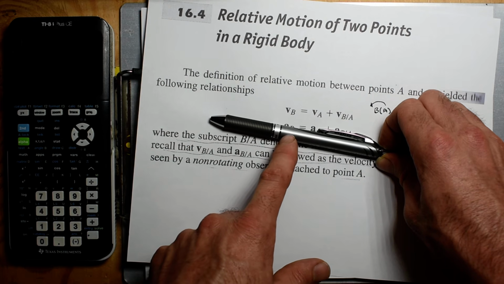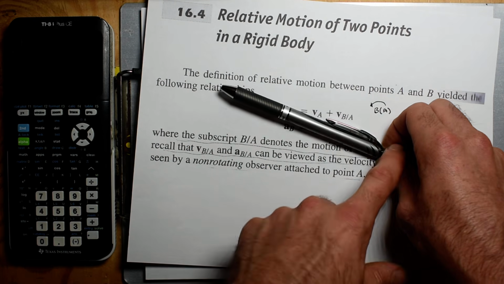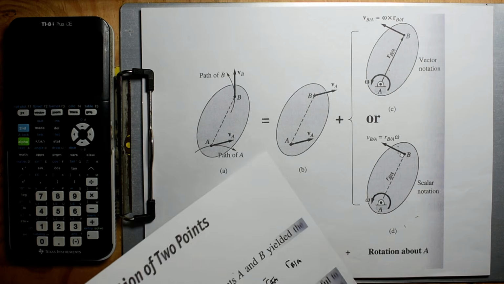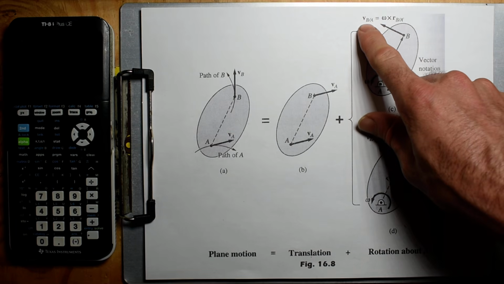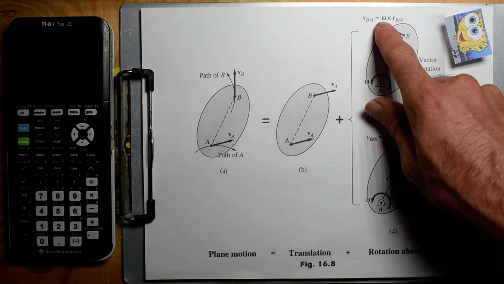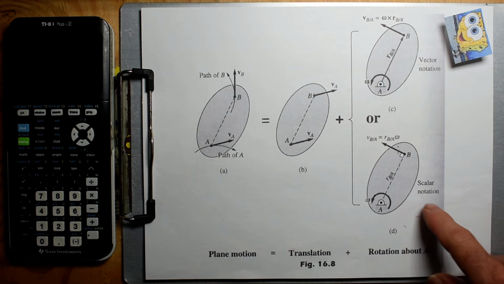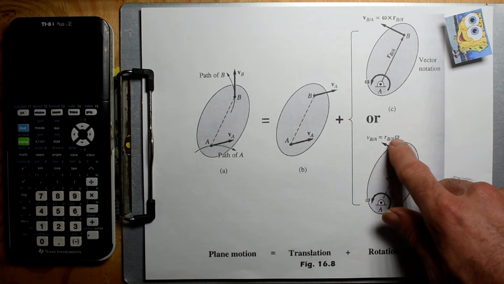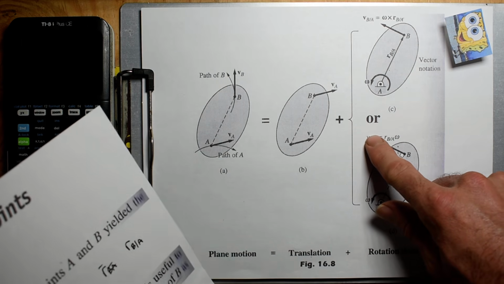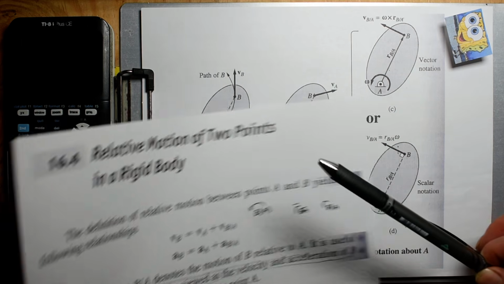Angular speed times the distance is that tangential velocity. So this relative velocity, what SpongeBob is witnessing, is omega cross r as vectors, or the scalar component is just omega times that radius. This quantity is a tangential velocity. So that's what we have.